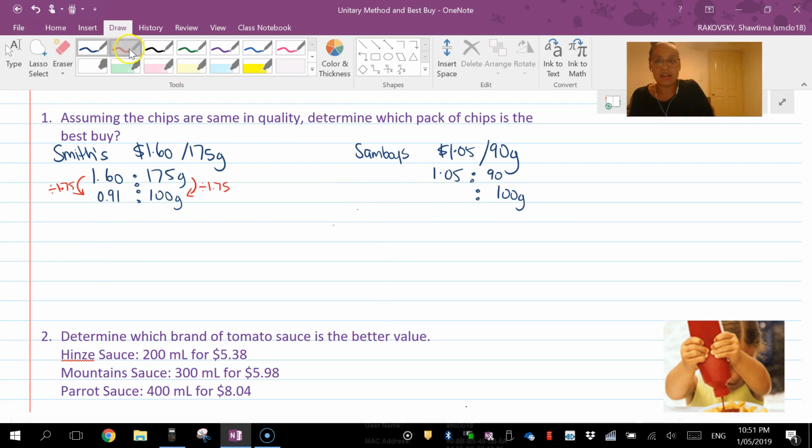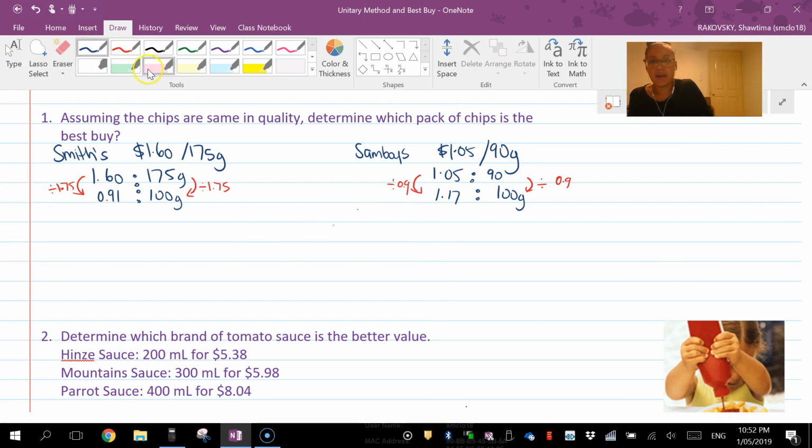With this one here, I divide by 0.9. What I do to one side, I have to do to the other side of the ratio, and that's going to give me $1.17.